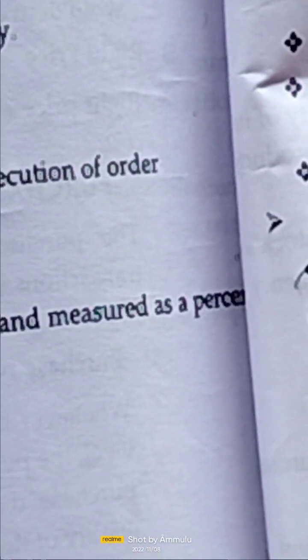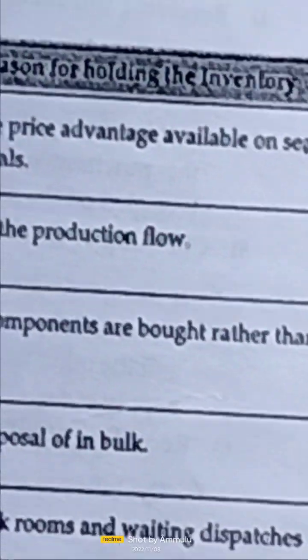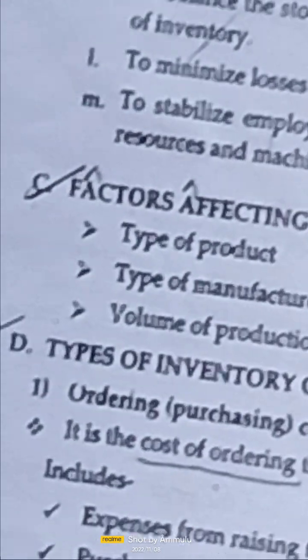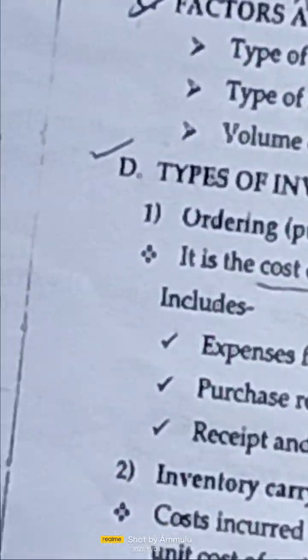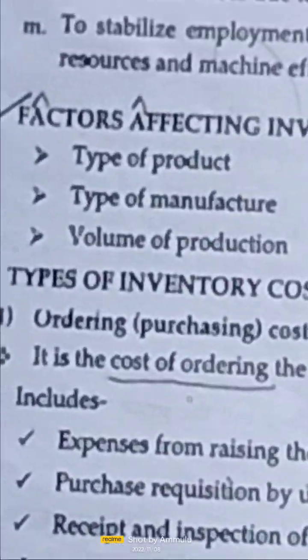This inventory control is a process which is measured and regulated according to predetermined norms. Inventory control pertains to the administration of established policies, systems and procedures to control the inventory cost. This is inventory control.